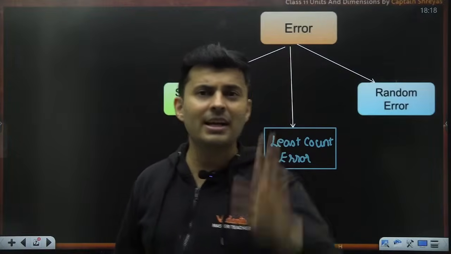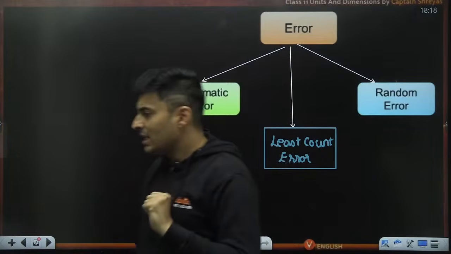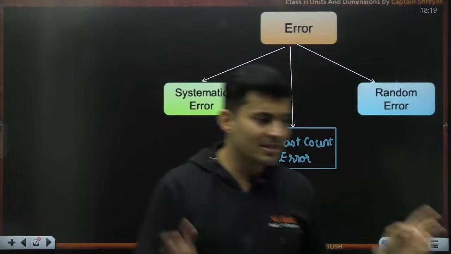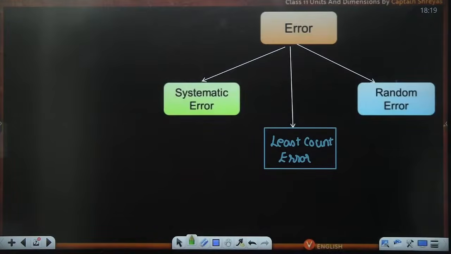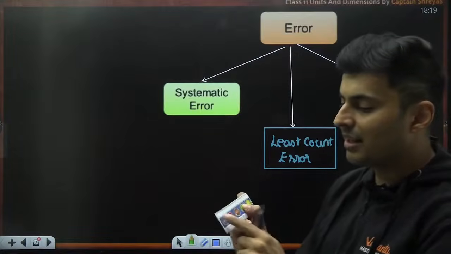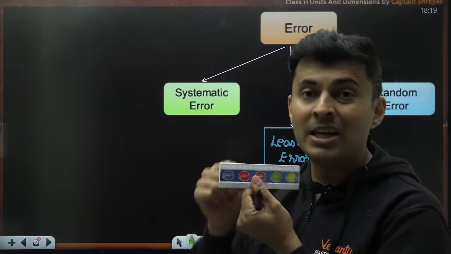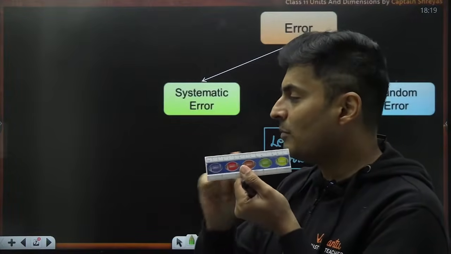Okay, everybody getting this point? If you are using your normal scale, does it have a limitation? A normal scale which you use in your school, colleges, whatever, does it also have some kind of limitation? 100% it has some limitation. And if you see the centimeter scale, there are small divisions. Each division is a millimeter.